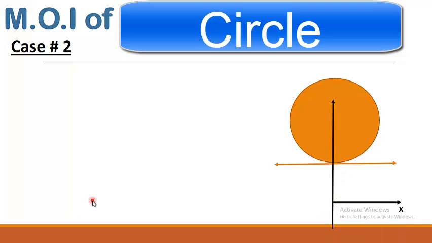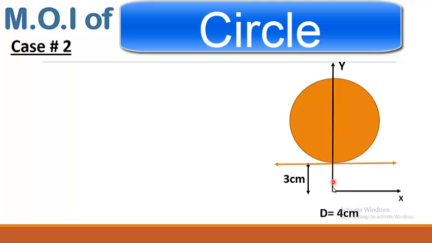Now proceeding to case number 2, in which the vertical axis passes through the centroid of the circle and the x-axis is a few centimeters apart from the circle. The diameter is the same, that is 4 centimeters. The centroid, that is the center of the circle, lies in the center of the circle.